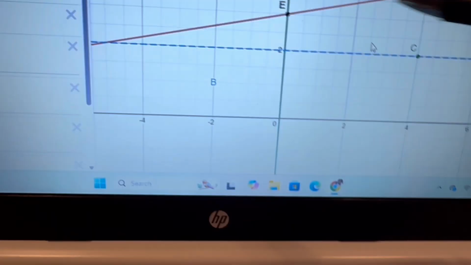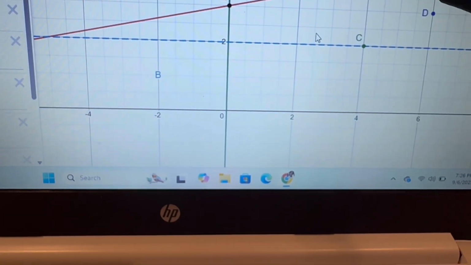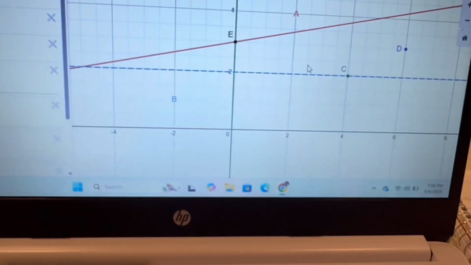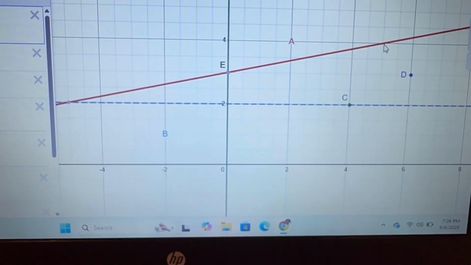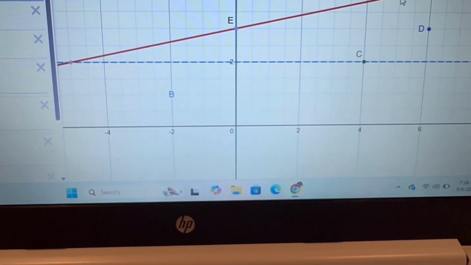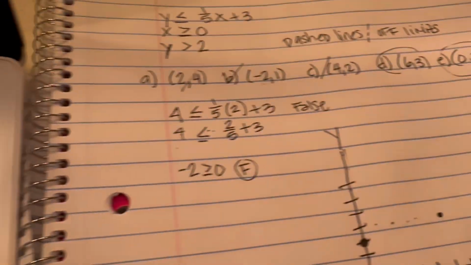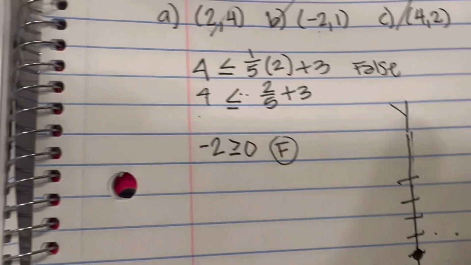Make sure you make it match, or you can pick 2 points from here, 0, 3, and you can pick another point here. You can pick this one. What is that? 5, 4. So 0, 3 and 5, 4, right? That one's solid.